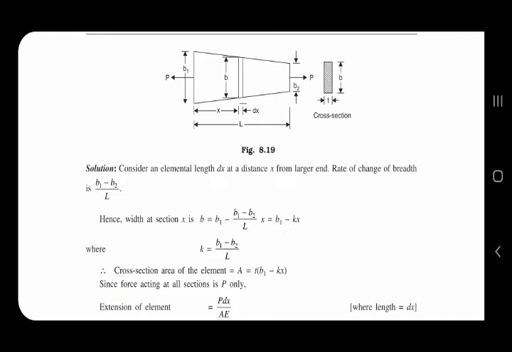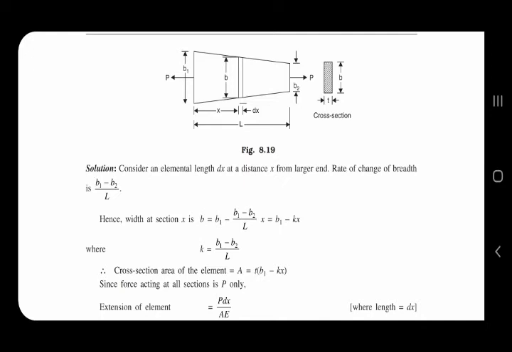When we consider an elemental area dx at a distance x from the larger end, the rate of change of the breadth will be (B1 minus B2) by L. Hence the width at the section x is B equal to B1 minus (B1 minus B2) by L into x, which is nothing but B1 minus Kx, where K is equal to (B1 minus B2) by L.